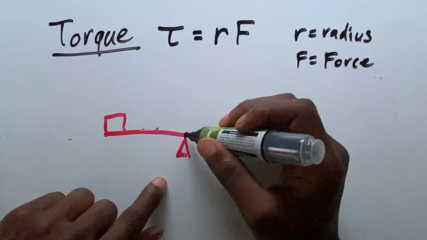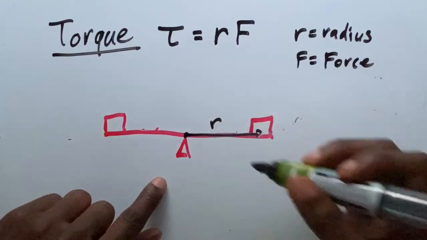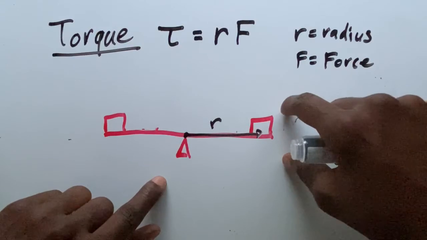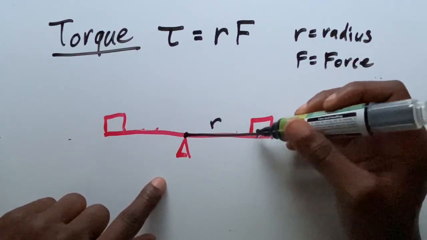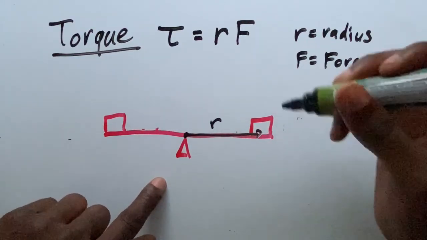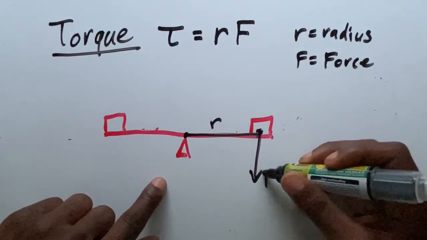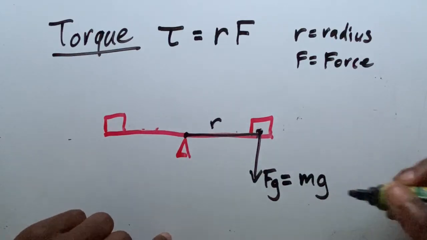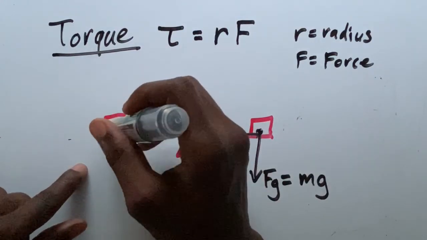So from here to here, that's the R. And then the force is going to be the force of this block pulling downwards. So it's going to be the mass times the acceleration of gravity. So this is pulling downwards, right? With the force of gravity, that's equal to mass times gravity. Same thing for this block over here.